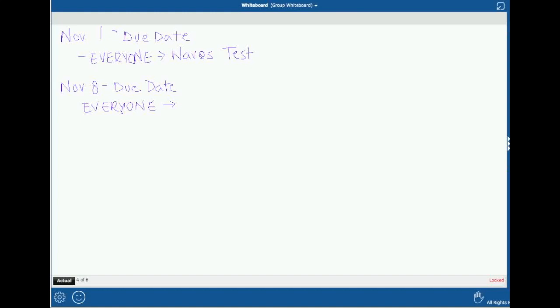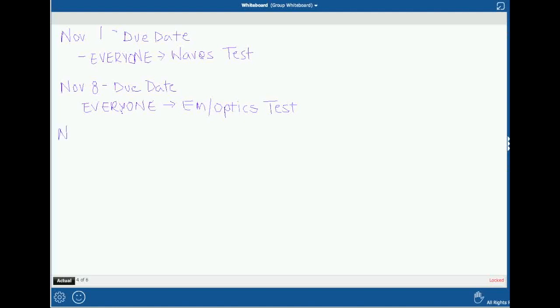Let me make sure I'm getting this right. I looked at it earlier today. Yep, I'm right. So your EM radiation optics test, the stuff we're talking about tonight will be on this test.